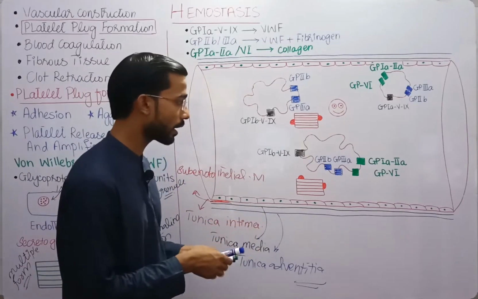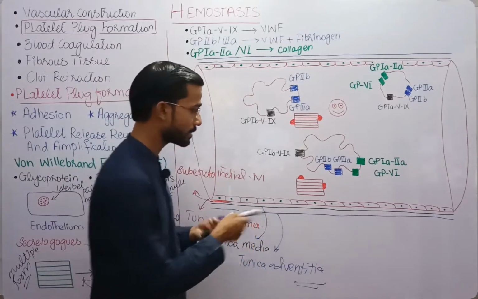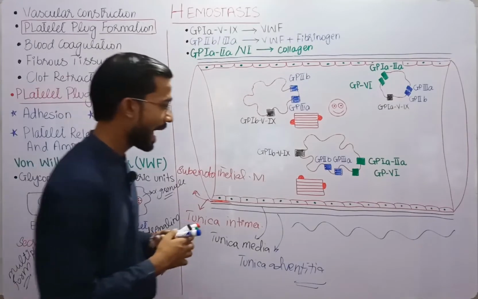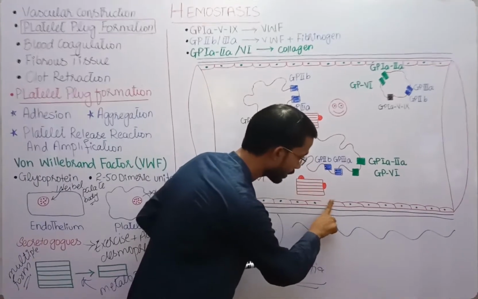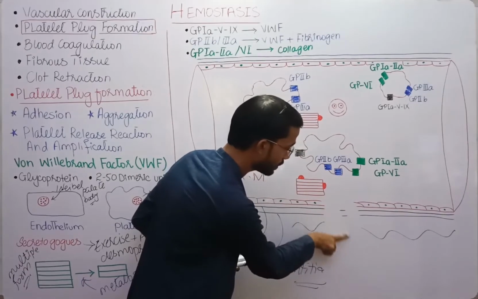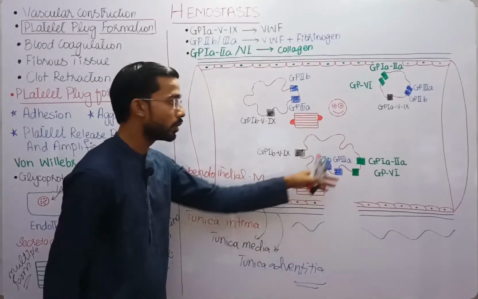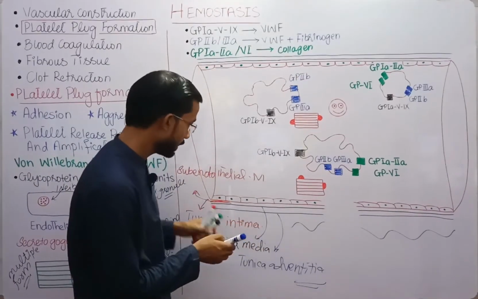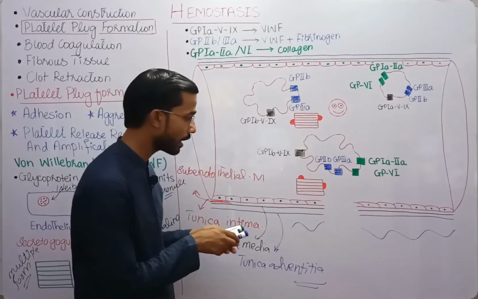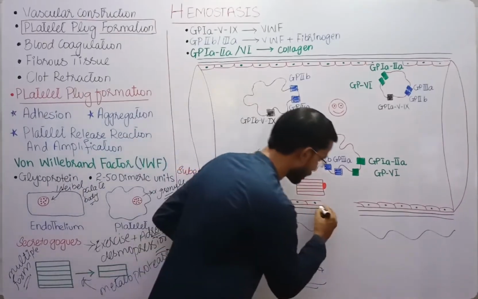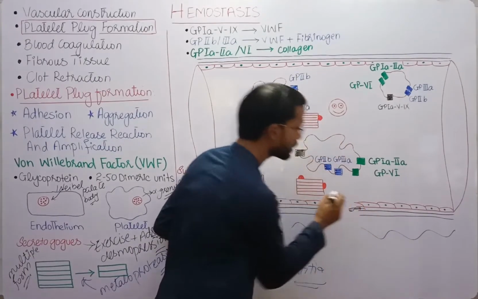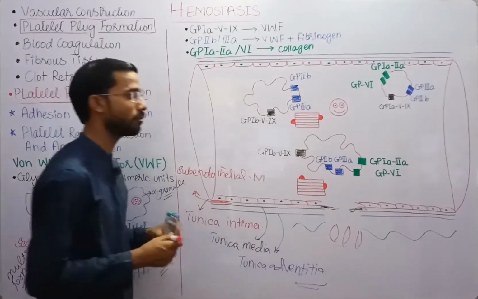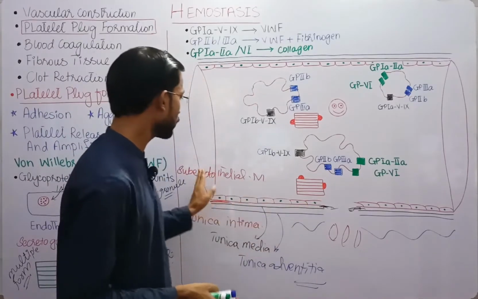If injury occurs to the blood vessels, as you know there is a layer of tissues, and when injury occurs like this one, then loss of blood occurs, and in that situation, in the subendothelial layer there are a lot of collagens present in it. Like this is blood loss.